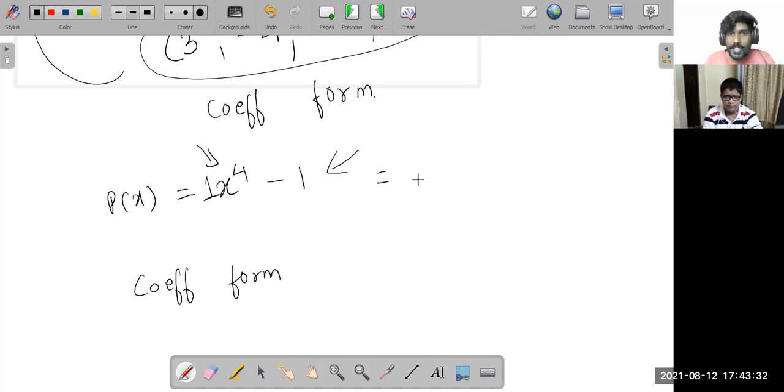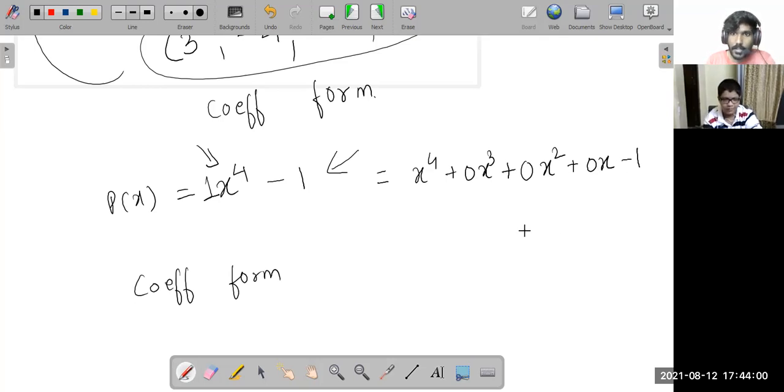So how will I write that? 0x cube plus 0x square plus 0x, because it's missing. And last, minus 1.